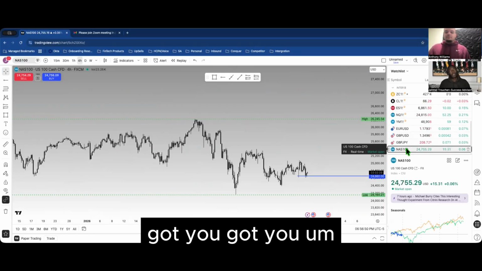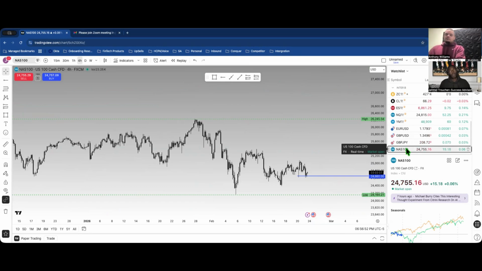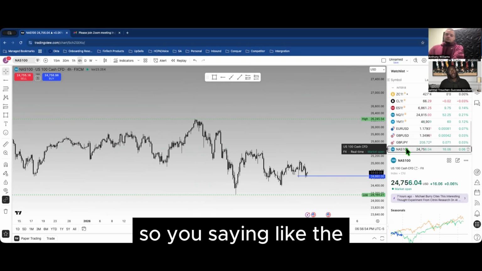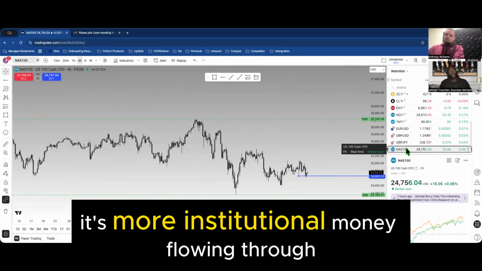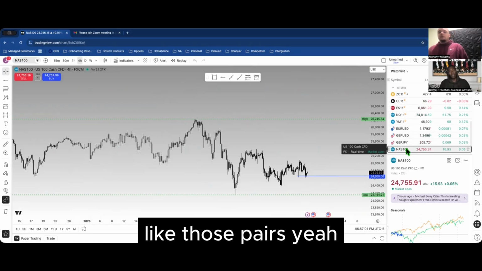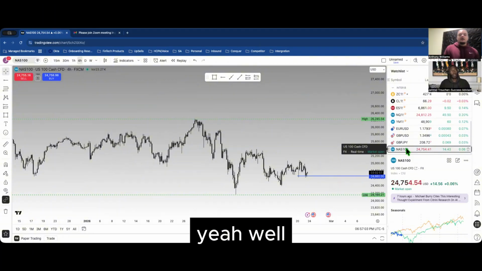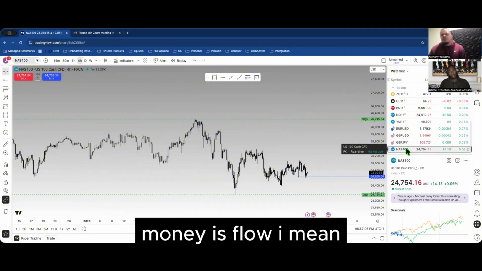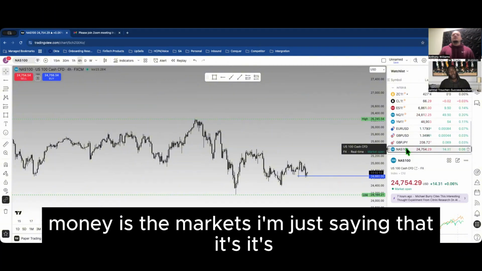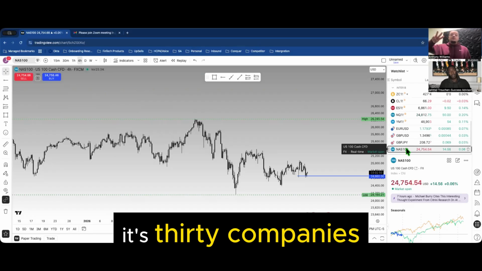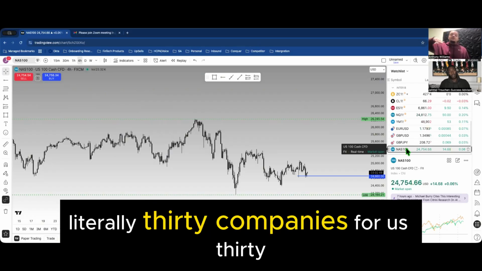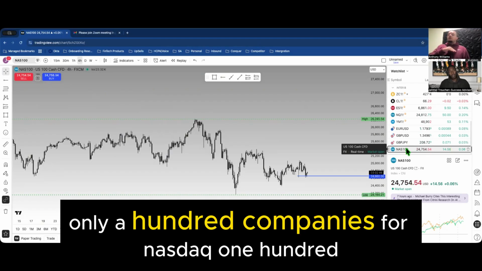So you're saying it's more institutional money flowing through those pairs? I mean, money is the markets. I'm just saying it's literally 30 companies for US 30 and only 100 companies for NAS 100.